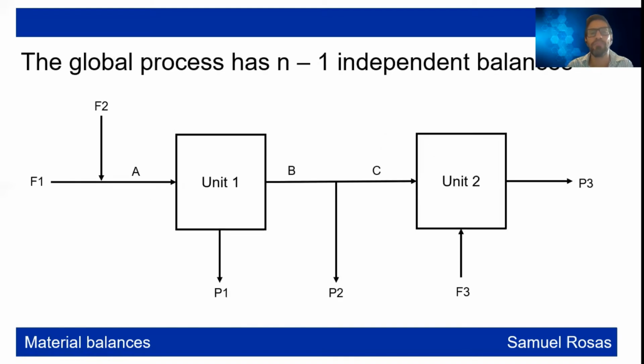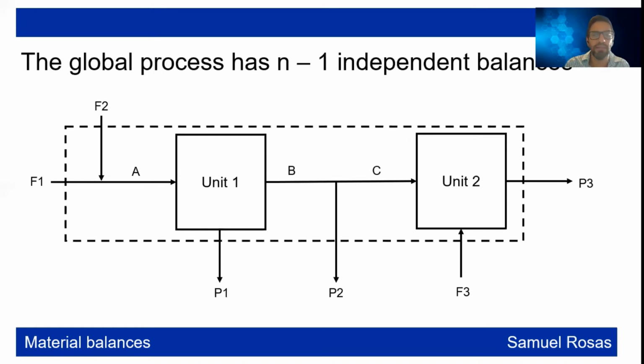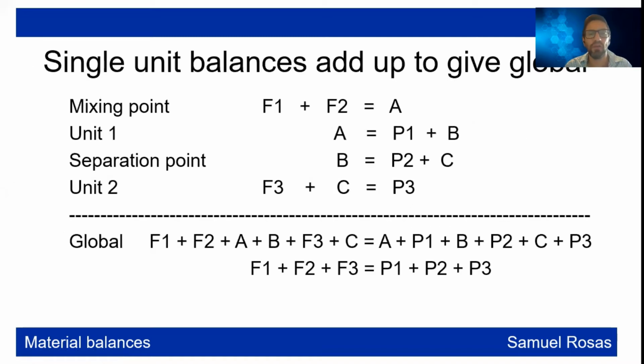And in the global process, you also have n-1 independent balances. This is the global process, right? So you have F1, F2, and this is an important idea, because the single unit balances add up to give the global balance.